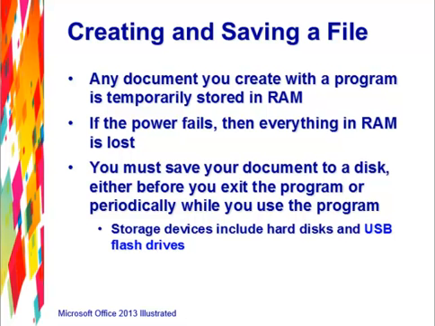When you save your document to your disk, you need to provide it with a file location and a path to get to that document so that you know how to get there and save. Also, external storage devices such as USB flash drives or external hard drives are also in that menu system where you file, save as, and you pick the location where to save your files.